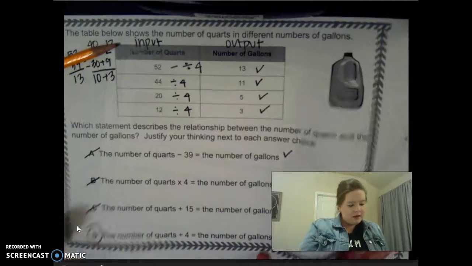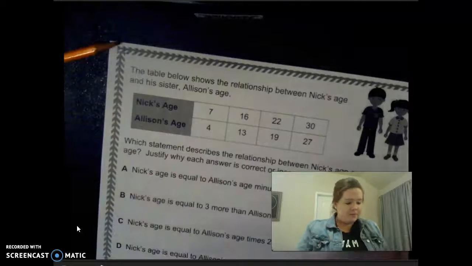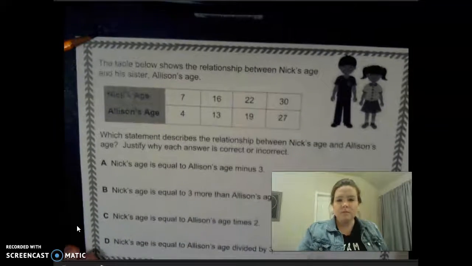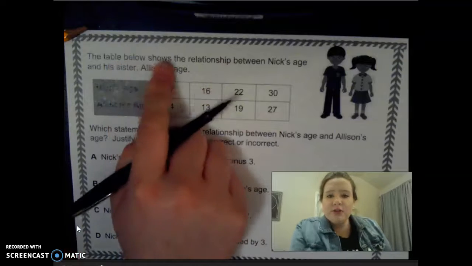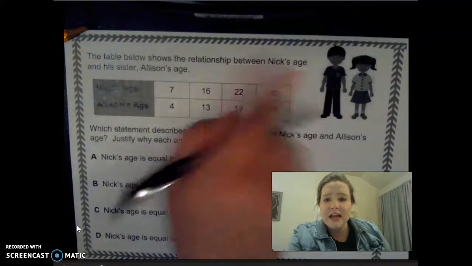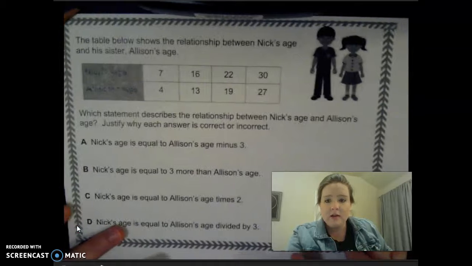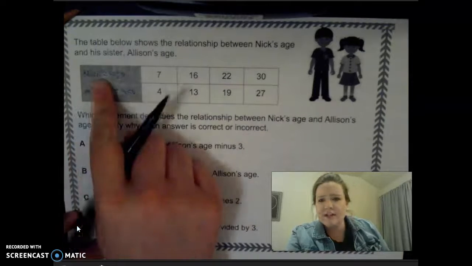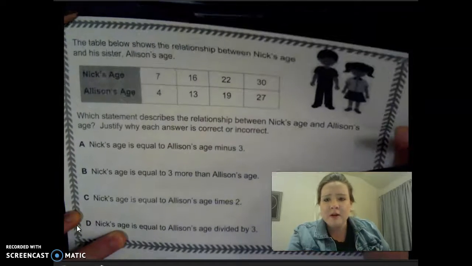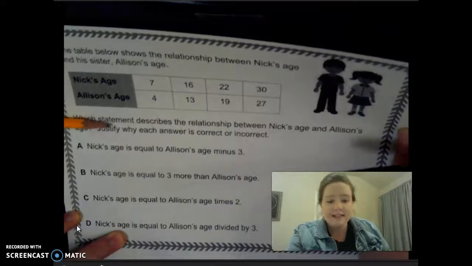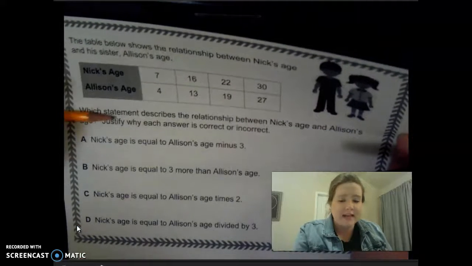Okay? Let's look at another one. The table below shows the relationship between Nick's age and his sister, Allison's age. Okay? So this is Nick's age. I know that's hard to see, but there you go. This top one is Nick's age, and this bottom one is Allison's age.